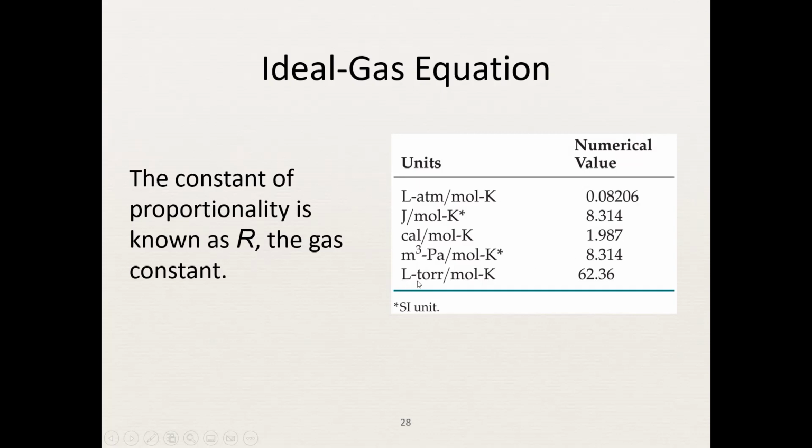But if we had torr instead of atmosphere, 1 atmosphere is 760 torr, so we're going to see a different number. We're going to see 62.36. Or if we had meter cubed Pascal, now we have 2 different units there. So we're going to have 8.314, which is going to be the same thing as joule per mole Kelvin there.